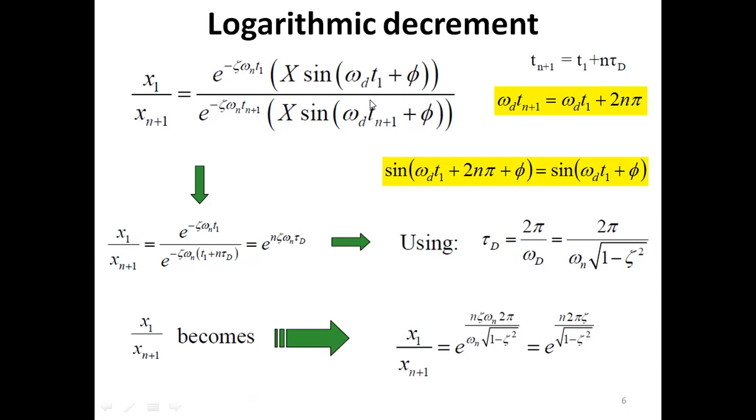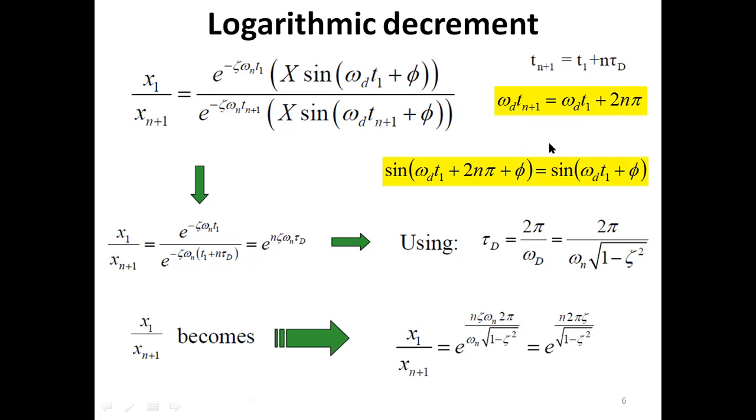So here we have tn plus 1. As we discussed, tn plus 1 is equal to t1 plus n tau d. Multiplying this on both sides by omega d, because here you see omega d, we have omega d t1 plus n tau d.